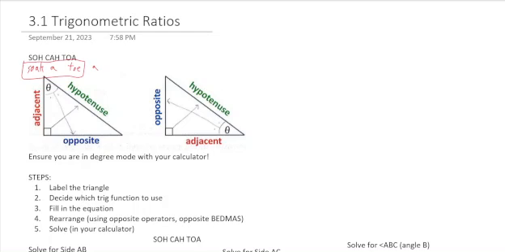SOHCAHTOA is an acronym that we use to help us remember what the trig ratios are. So here are the three trig ratios. I'm just going to write them out. Sine of the angle equals opposite over hypotenuse. Okay, that's the first part of the trig ratio.